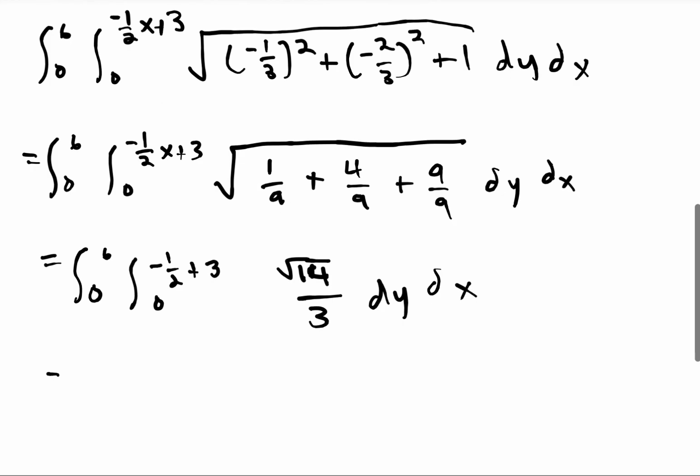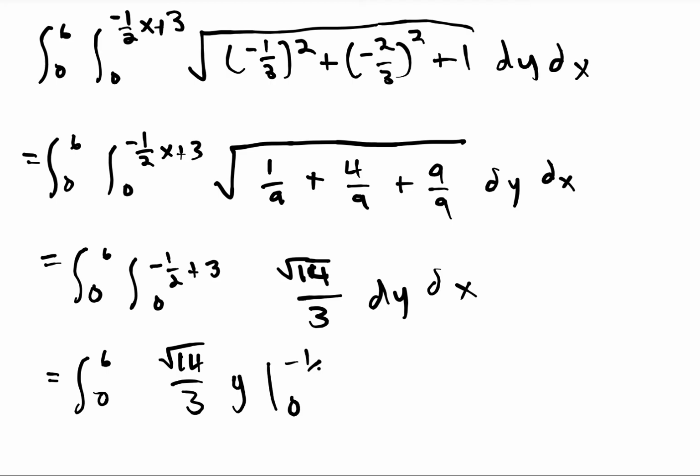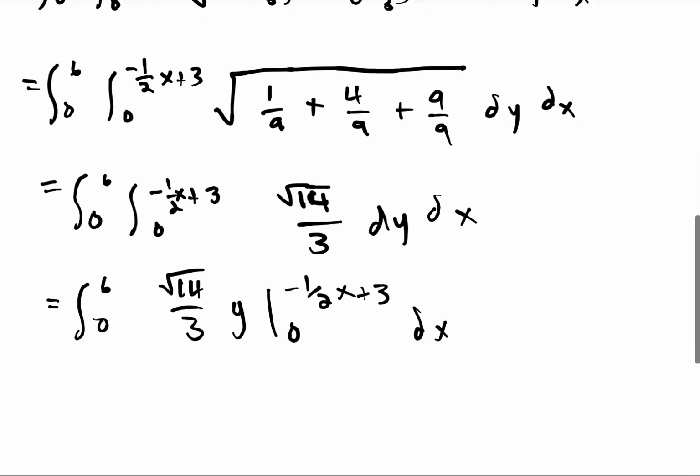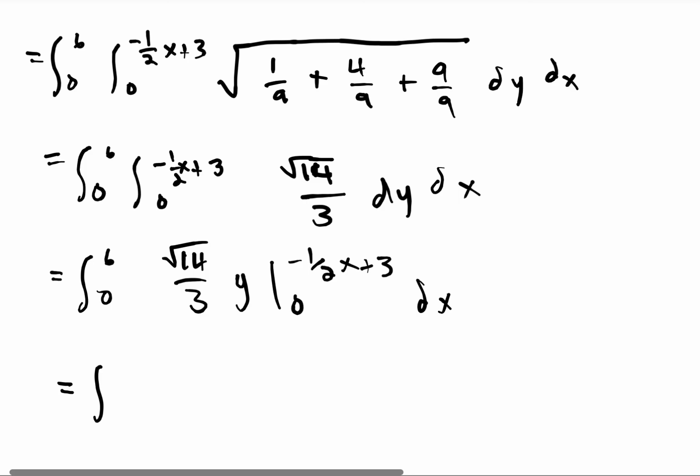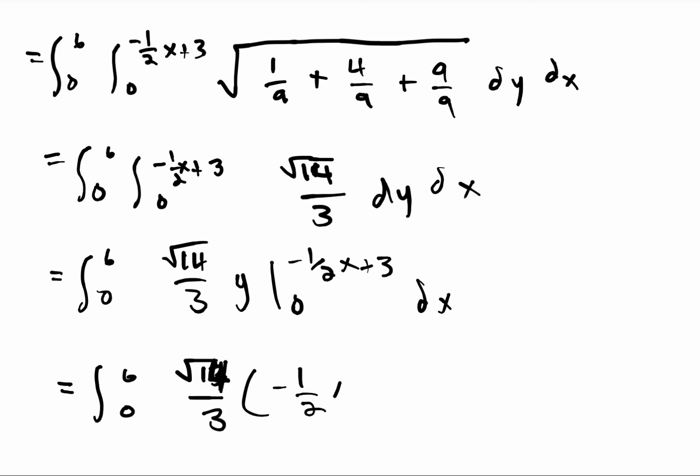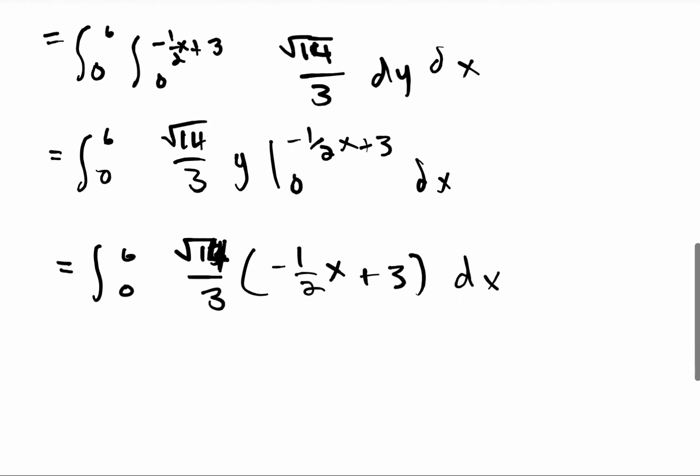And this is a pretty straightforward antiderivative from here. We're just anti-deriving a constant, so I'll get a root 14 over 3 times y that I have to evaluate between these two bounds. If you substitute in the top one and then subtract off what happens when you substitute in the bottom one, well, you've just got this root 14 over 3 that I'm hanging on to, multiplied by this line equation. And now I can go ahead and antiderive.